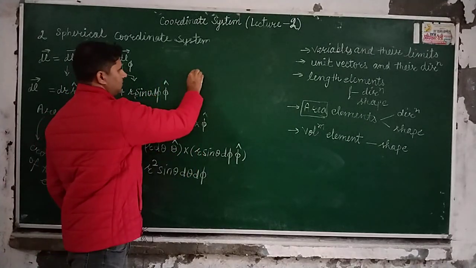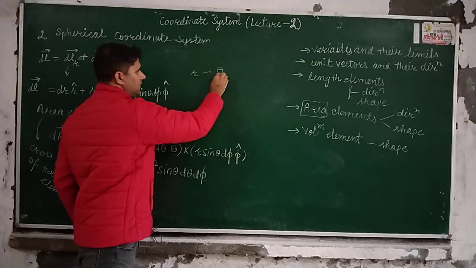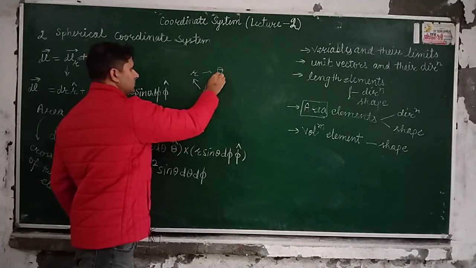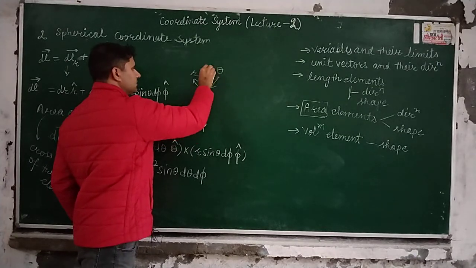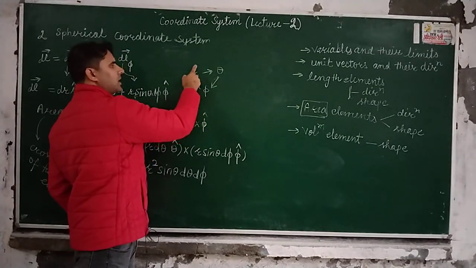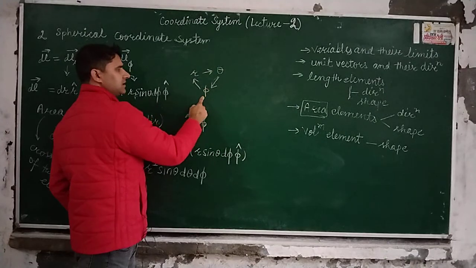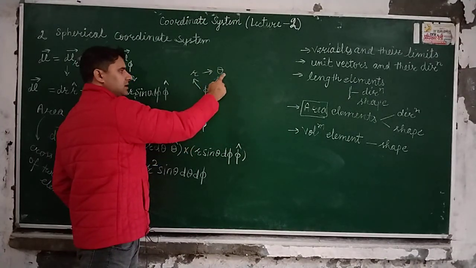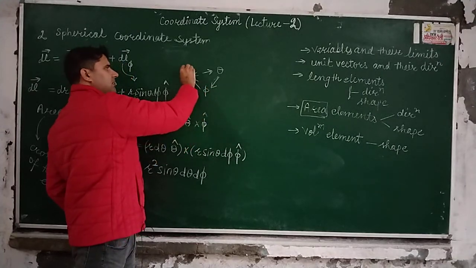So what will this be? We have three variables, r, theta and phi. If you find the cross of r cap and theta cap, you will get plus phi cap, and the cross of theta cap and phi cap gives r cap.